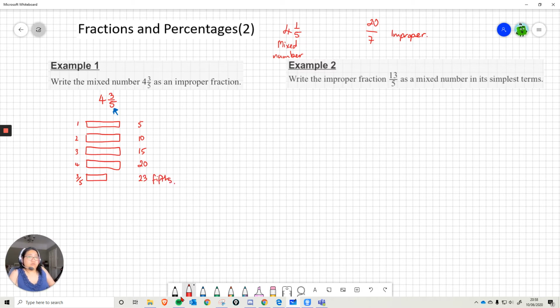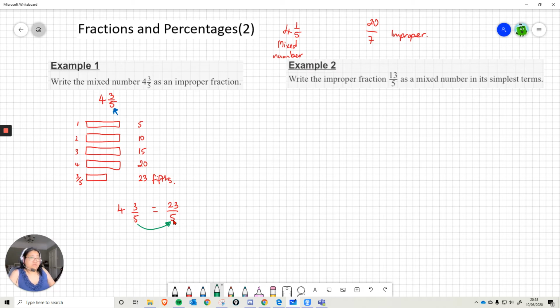And that means 4 3/5 is the same as 23/5. You should notice that the denominator hasn't changed, and there's a reason for that. I haven't actually changed how my diagram is split. It's still in fifths, so it makes sense for the denominator to stay as a fifth.